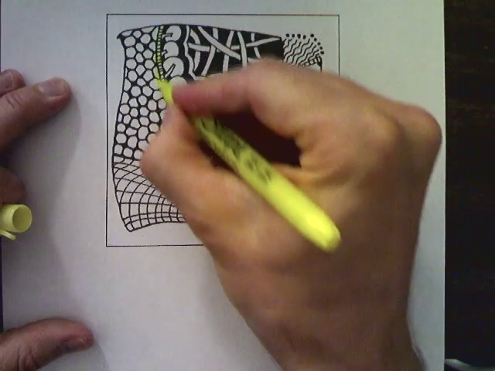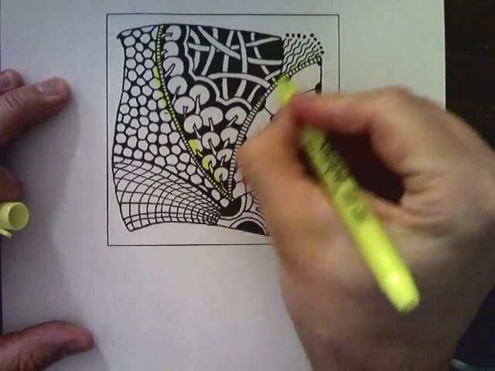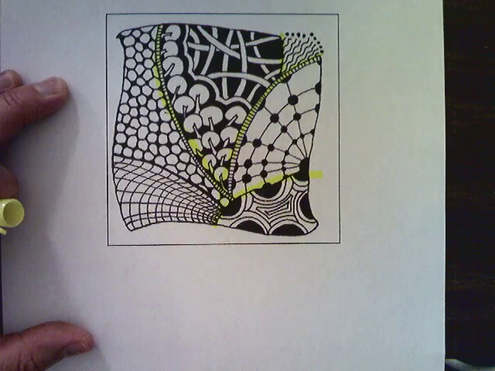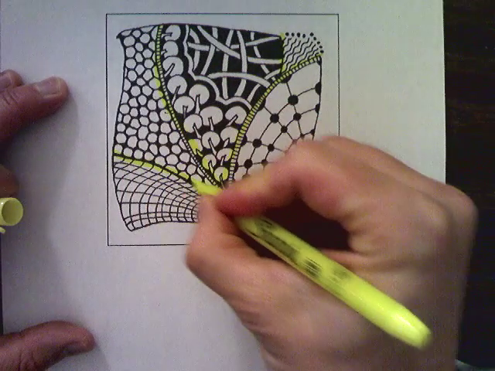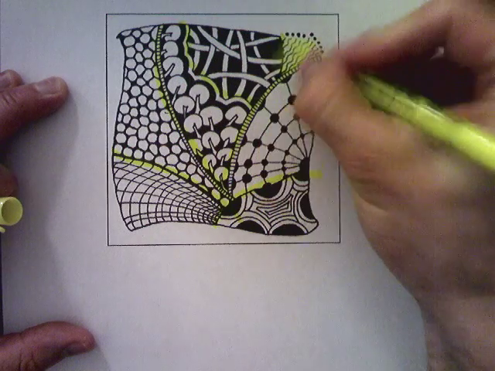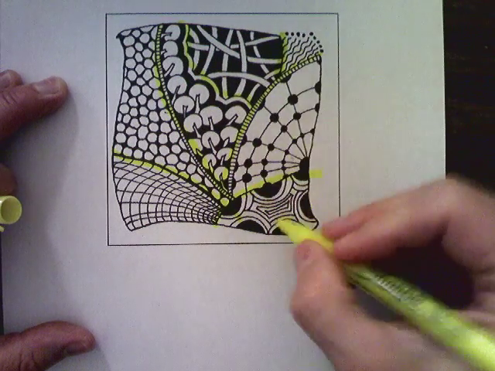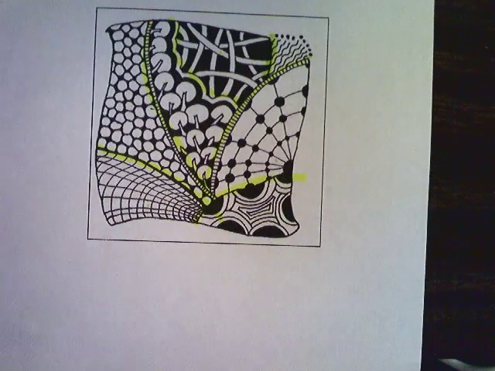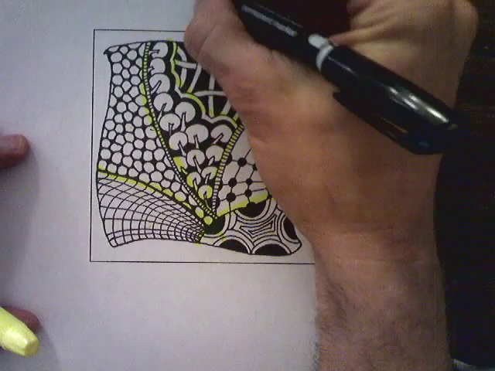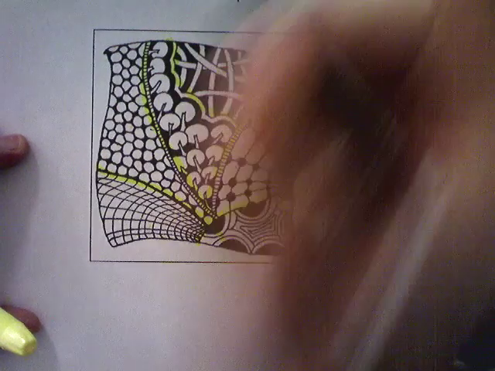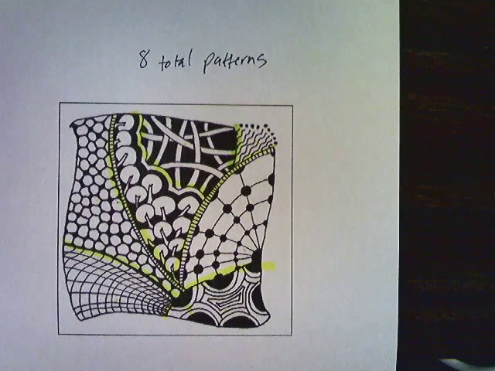So you got a line here, you got a line here, you have one here, there's one going right here, and there's one going basically right here. We'll say that this is a different shape right here as well. So you got 1, 2, 3, 4, 5, 6, 7. On this project, I'm going to want for you to have 8 total patterns. So for those that choose this option, I want you to have 8 total patterns.